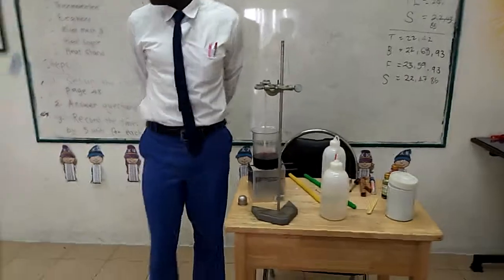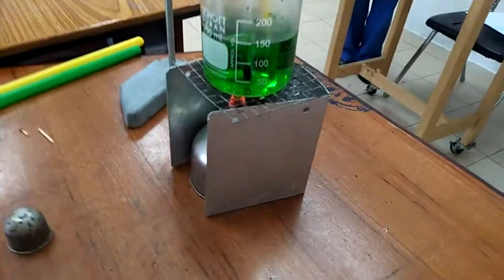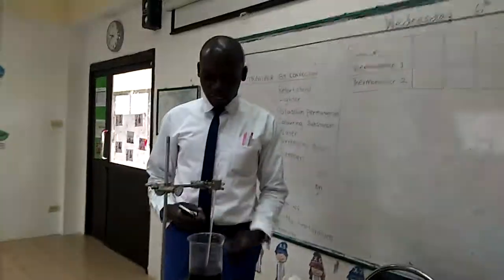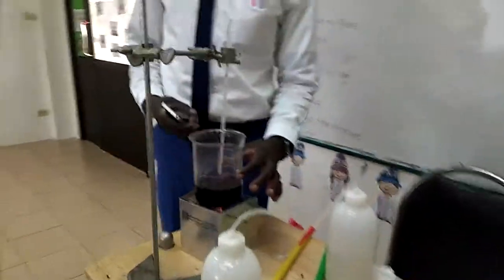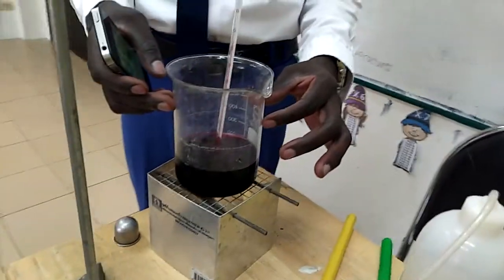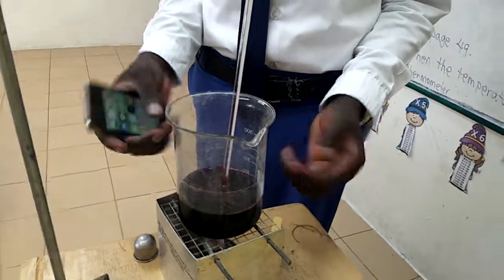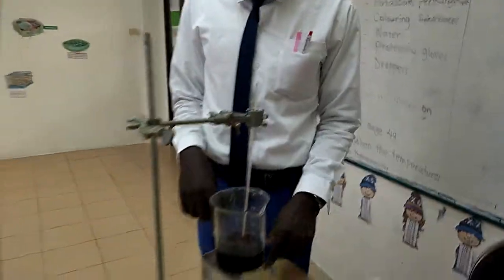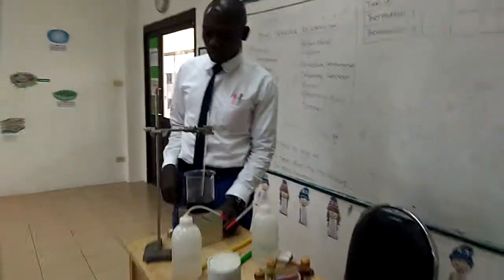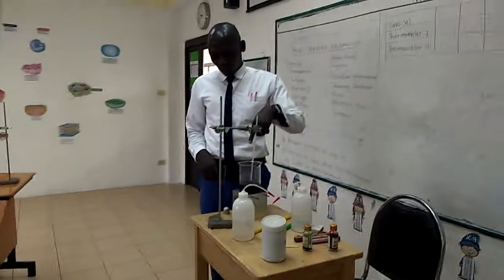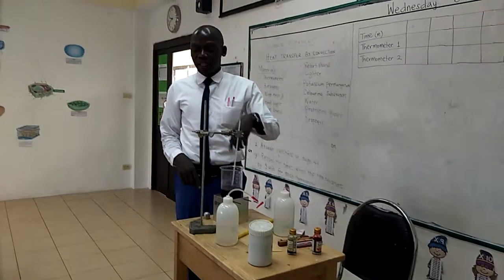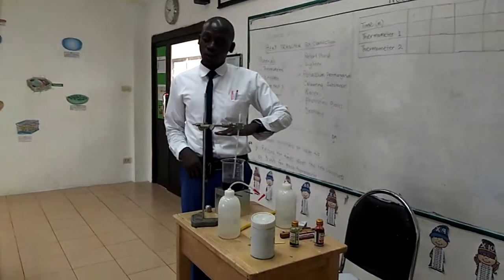So what we are observing is that as temperature increases, the glass that is metal will get hot first, then heat will move from high temperature, which is the source, to the lowest temperature, which is the liquid, and the surface of the liquid is cold.